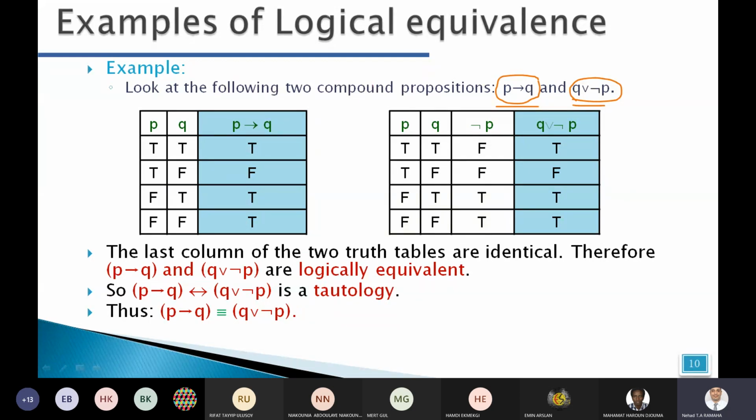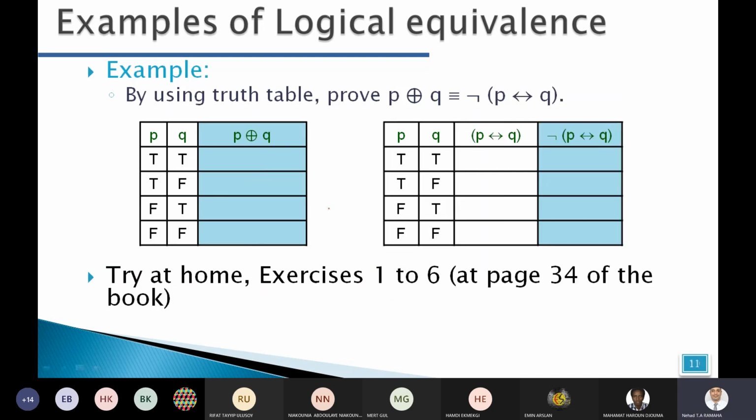Why? Because when we look at the truth table for both propositions, we will find the same table here.